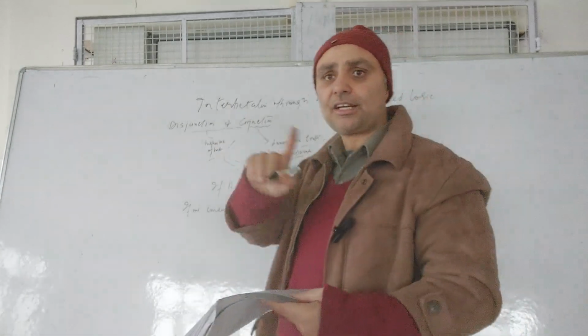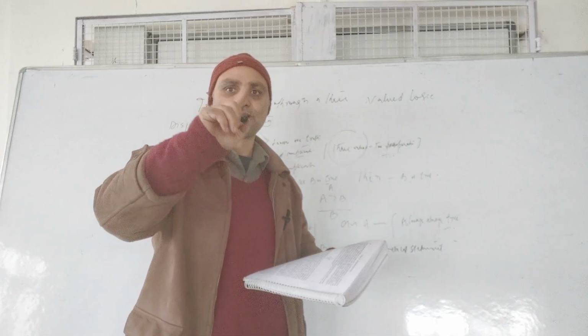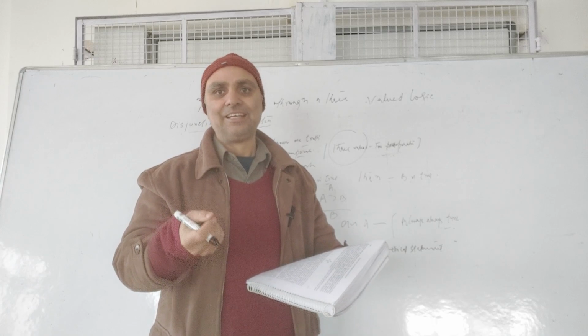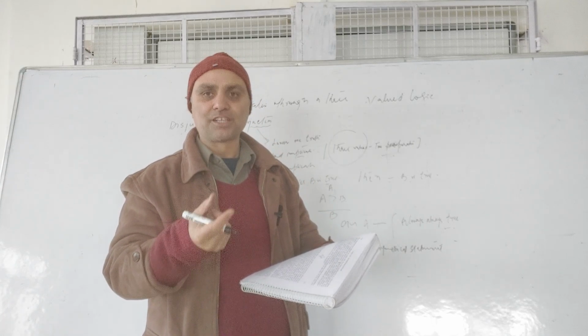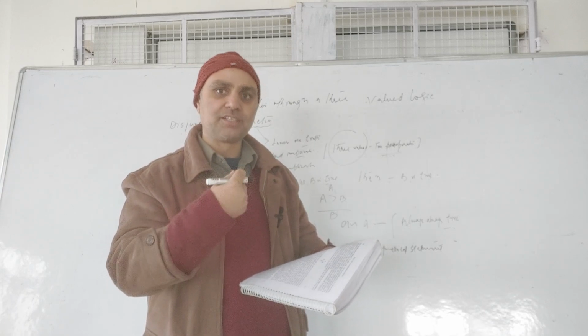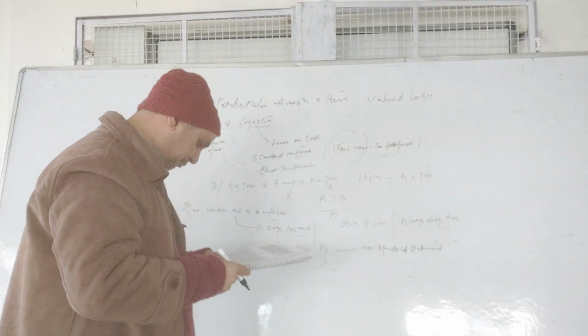So here in that table we could see implication. You can construct all sorts of implications from A to B, but from B to A it may be implied only for symmetrical statements. You can construct those in three-valued logic, but it may not necessarily imply.